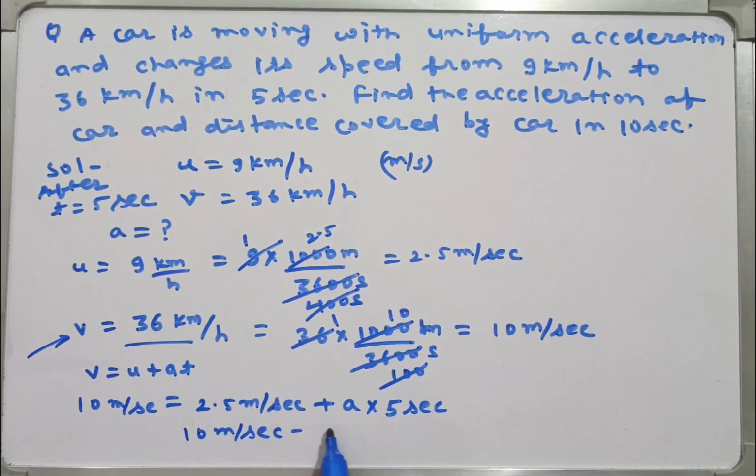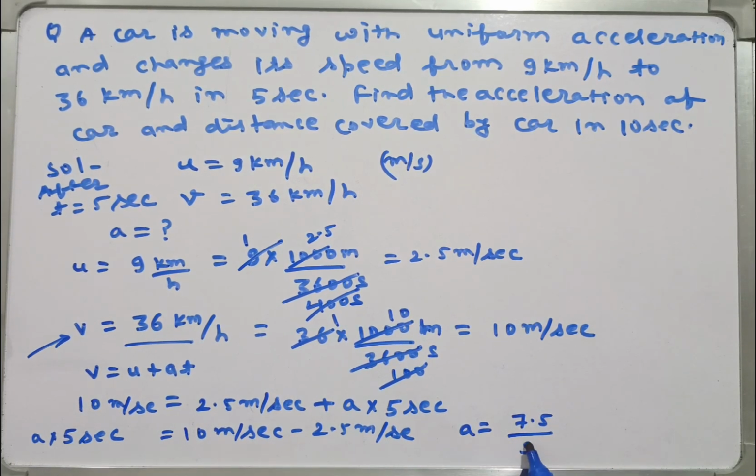Because if you write the unit, then you cannot make a mistake in finding the final unit. So this becomes 7.5 equals 5a, meter per second by second. So finally you can say the acceleration of the car is 1.5 meter per second square.